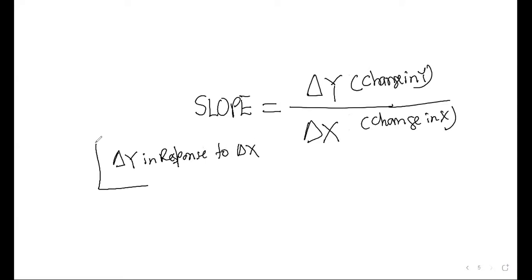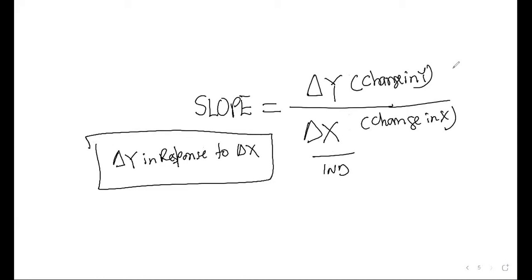This is what we want to see. This is the independent variable. This is the dependent variable. So what we are looking at, as the independent variable changes, which is the change first, how does the dependent variable respond?